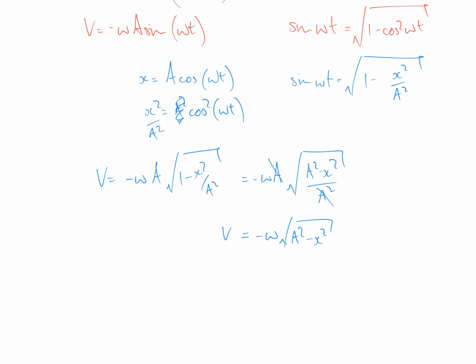Quick check, I said that v max is when the displacement equals 0 as it moves through its equilibrium position. Well, that would be minus omega root a squared minus 0 squared, giving me minus omega a. Tick. So again, please use and appreciate that.